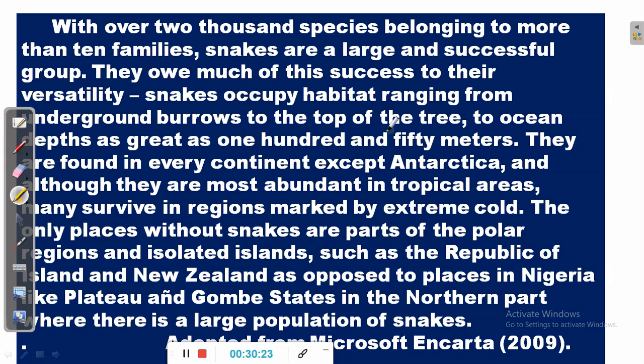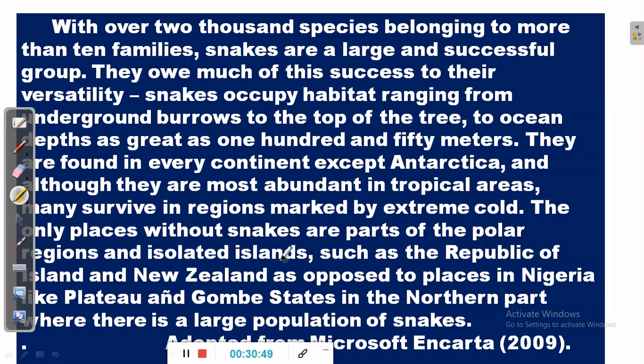Snakes occupy habitat ranging from underground burrows to the top of the tree to ocean depths as great as 150 meters. They are found in every continent except Antarctica, and although they are most abundant in tropical areas, many survive in regions marked by extreme cold.